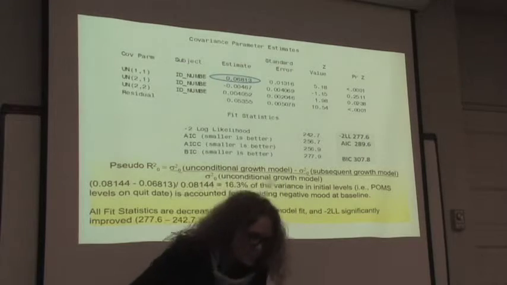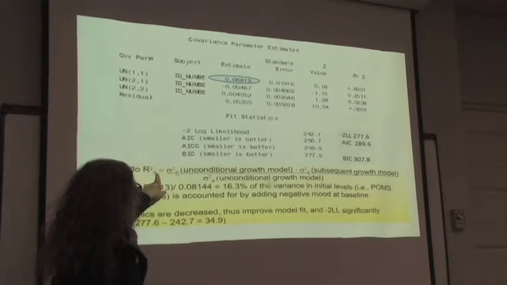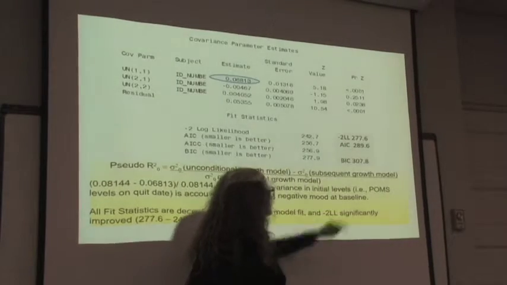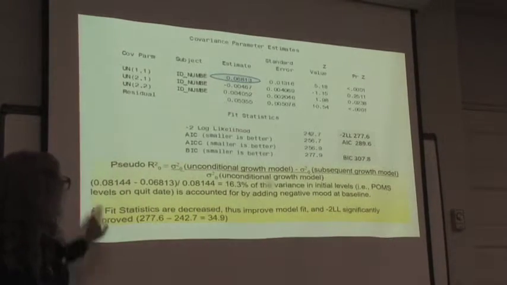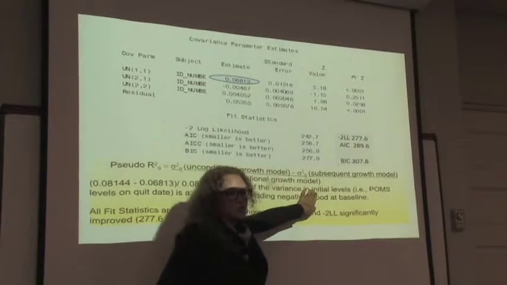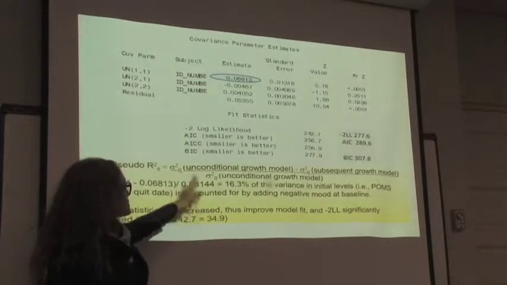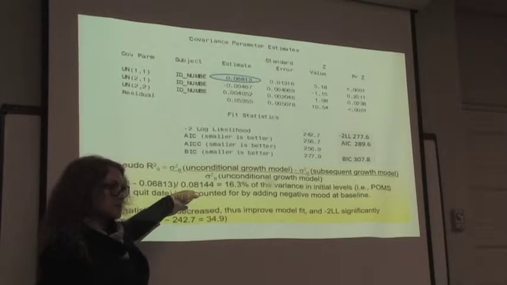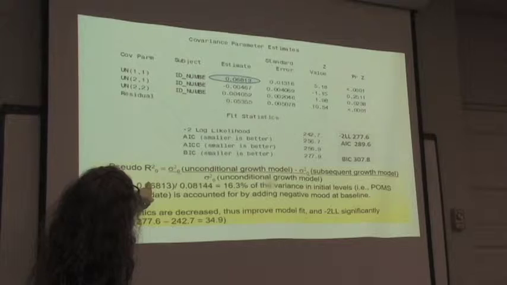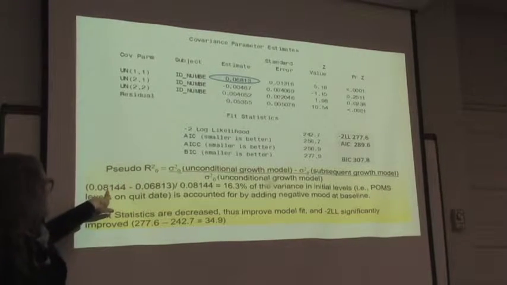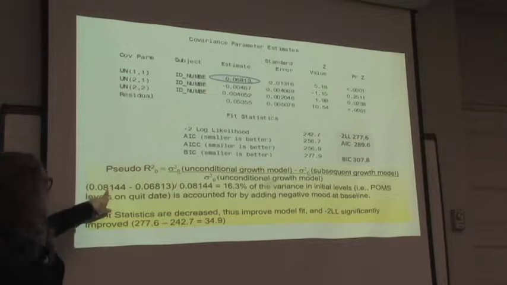So here, what we're doing is calculating the variance explained via movement from the unconditional growth model to the subsequent growth model. And we can see that 16.3% of the variance in intercepts was explained by adding negative mood between persons at baseline. Okay? So where did those numbers come from? This is the original number from the unconditional growth model.